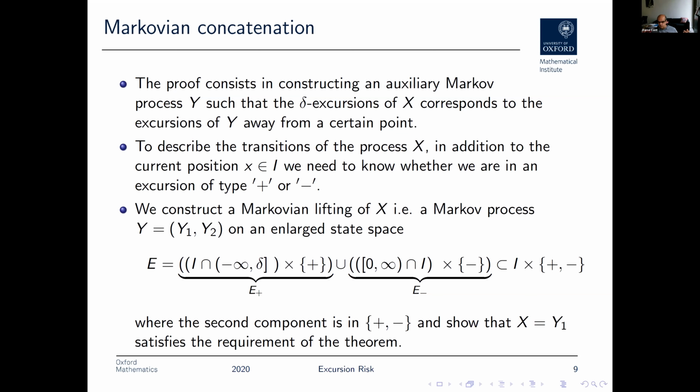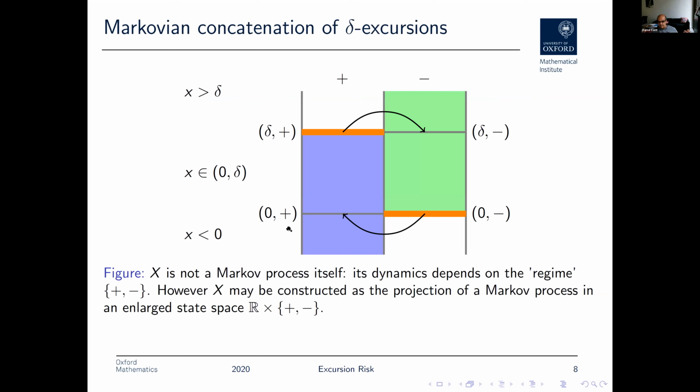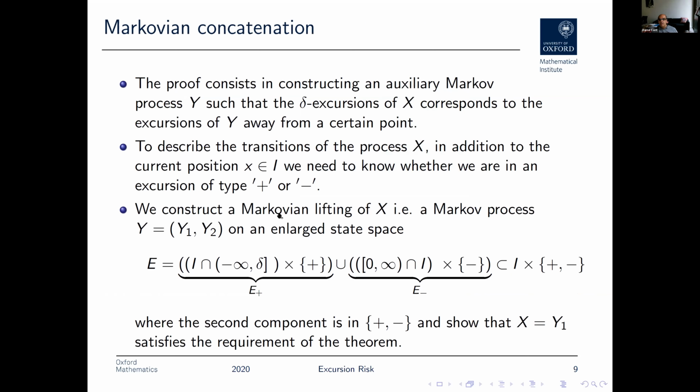And this point is going to be the point 0 plus. As I showed you in the figure, to describe the transitions of X, there's path dependence in X. In addition to the current position, I need to know whether I'm in the blue or green phase, which we call plus or minus.